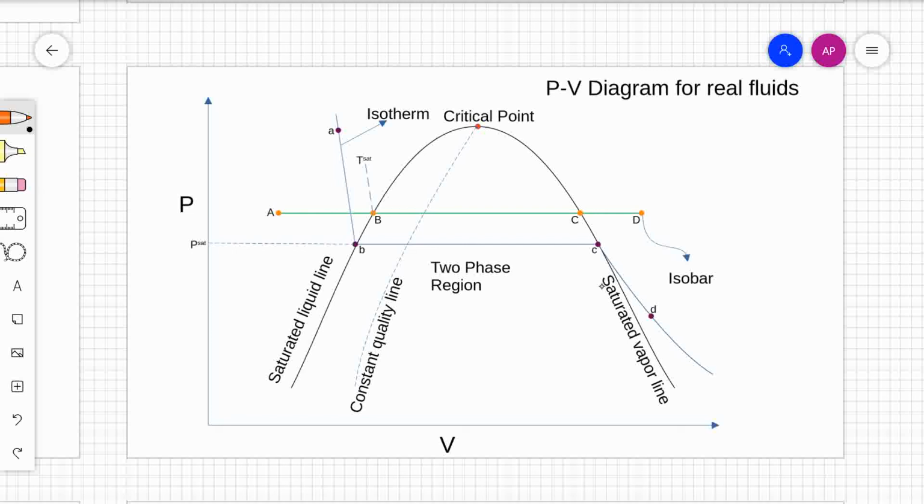One is, as we go up on the left, that is, as we increase the pressure, the boiling point increases. That is, this line AB, line BC, and line capital B and capital C, as we increase the pressure, it goes up. As it goes up, the isotherm passing through it has a higher value. What I'm trying to say is, as you increase the pressure, the boiling point goes up.